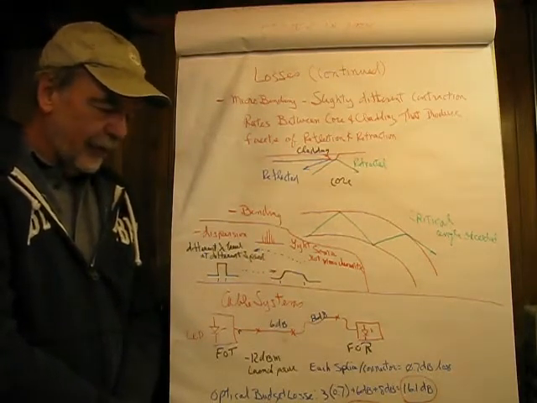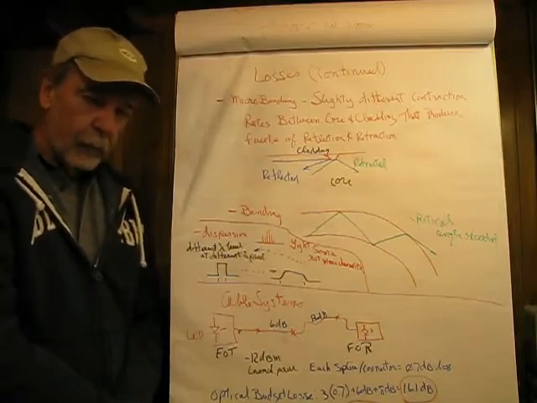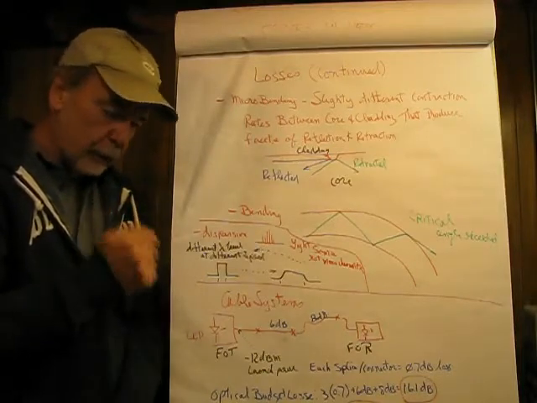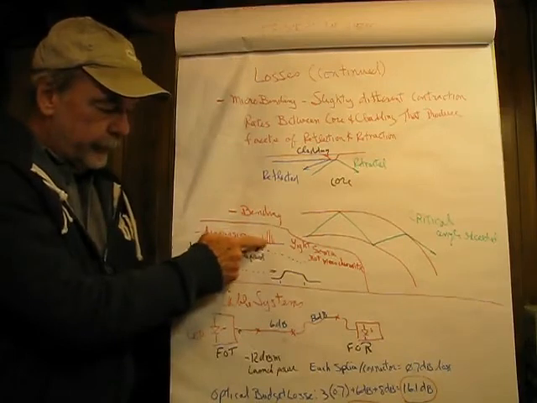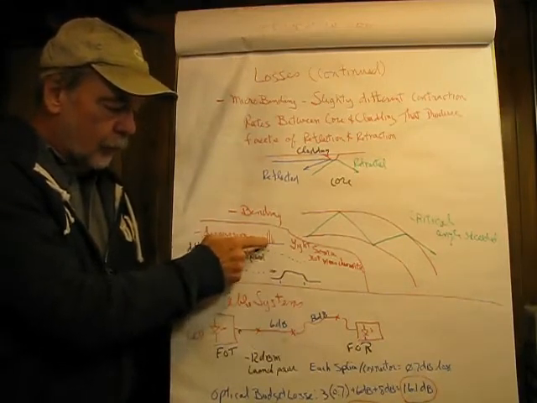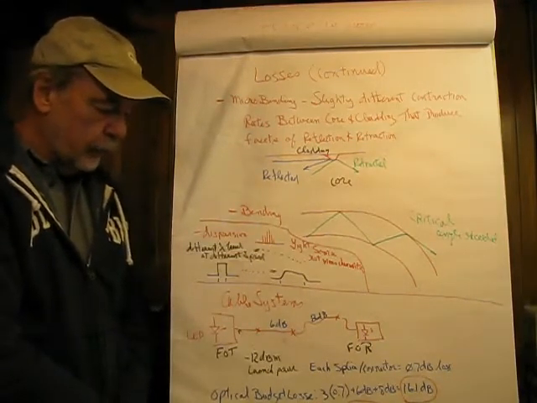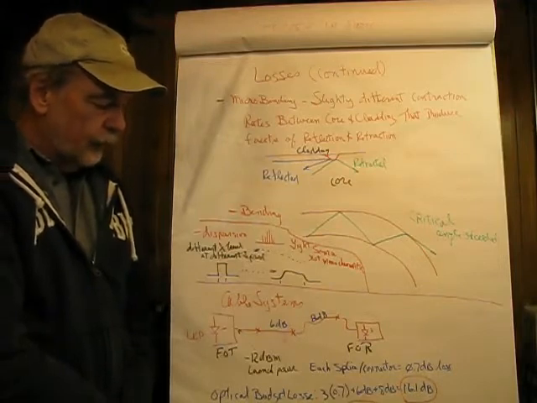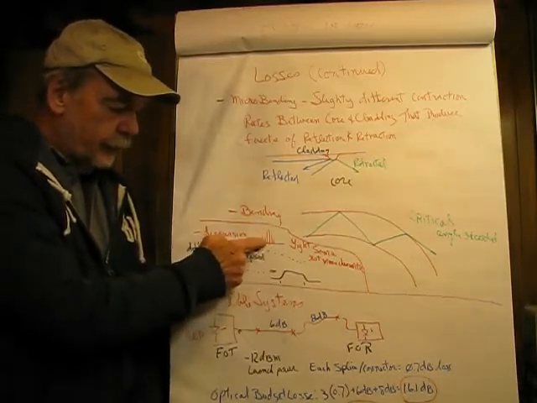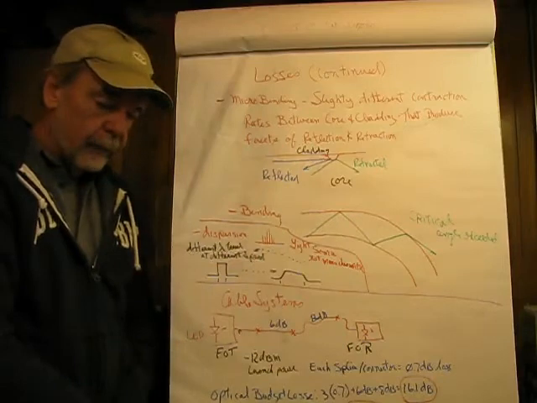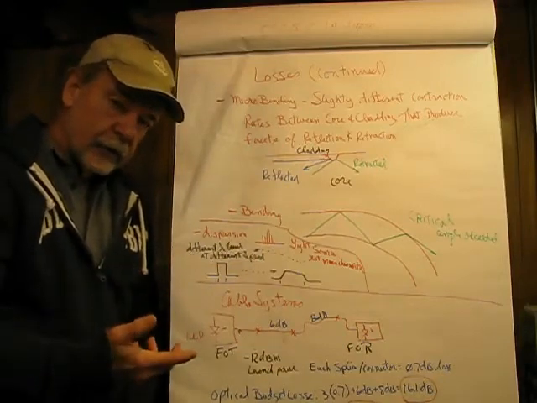What we'd like to think is that our sources are monochromatic, meaning of one color, but they're not. They have some other components of different frequencies involved in them. And when that goes through the fiber cable, these different frequencies, or wavelengths if you will, suffer different attenuations.